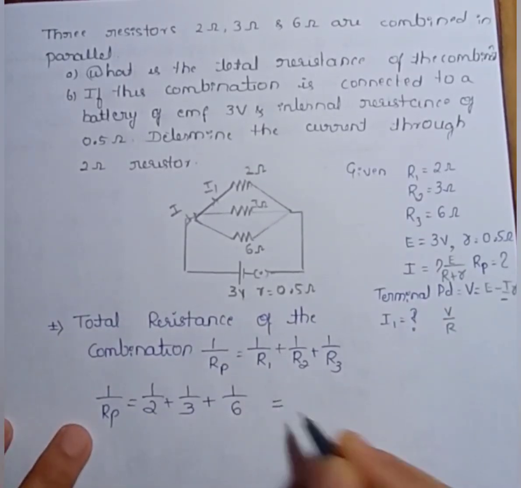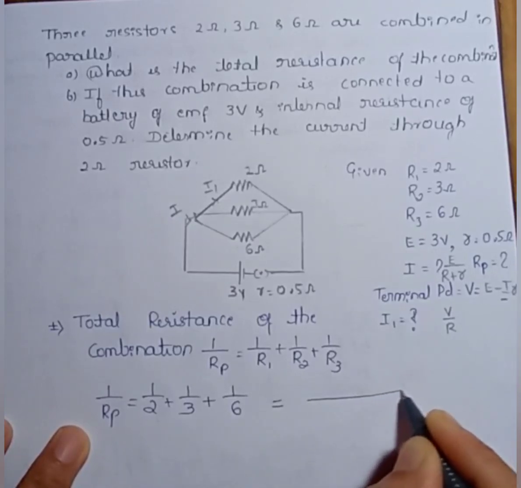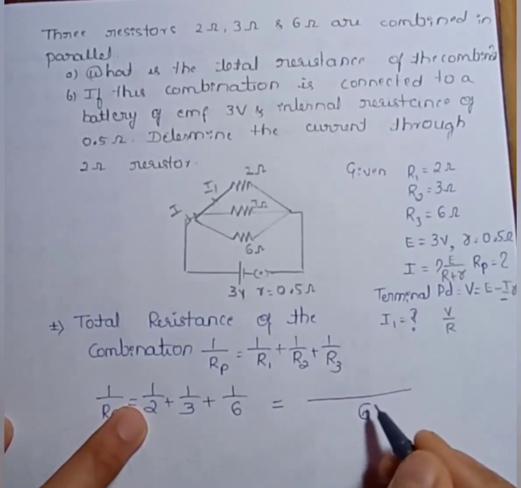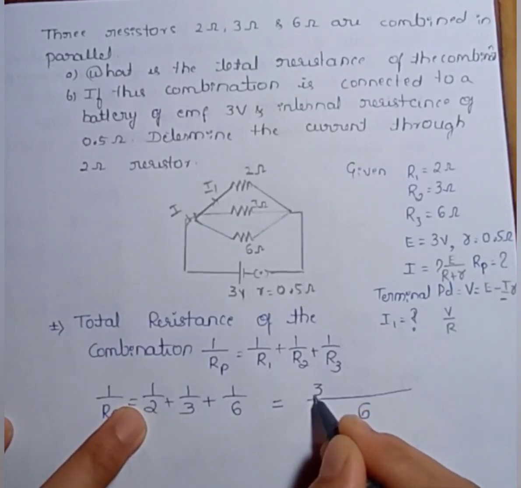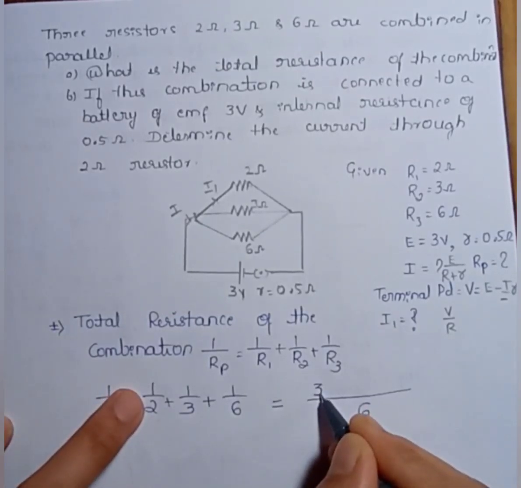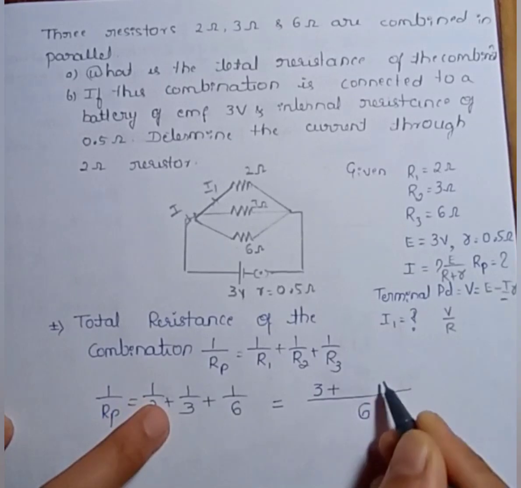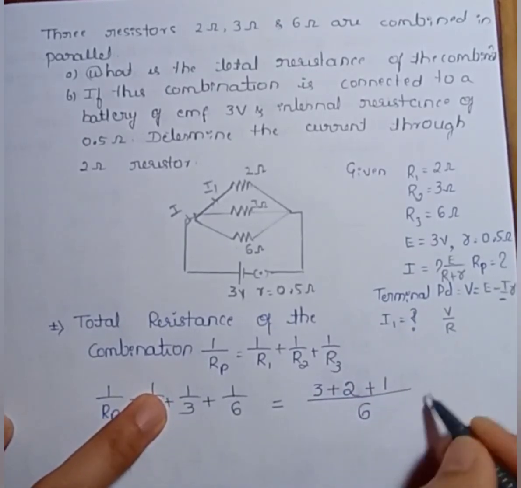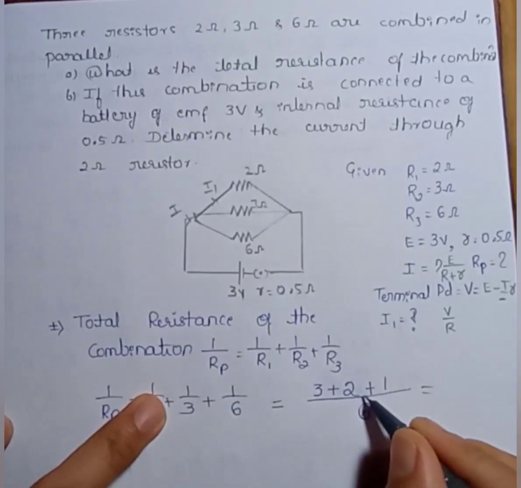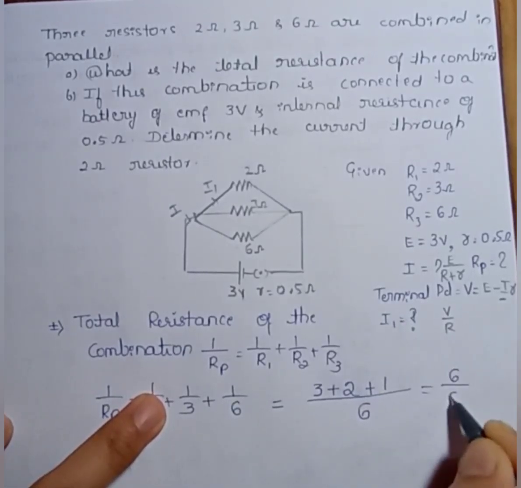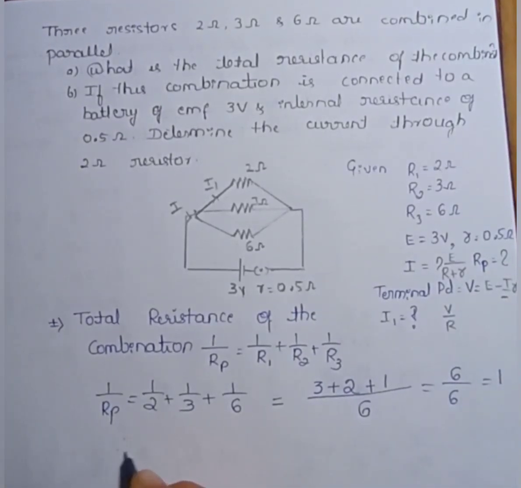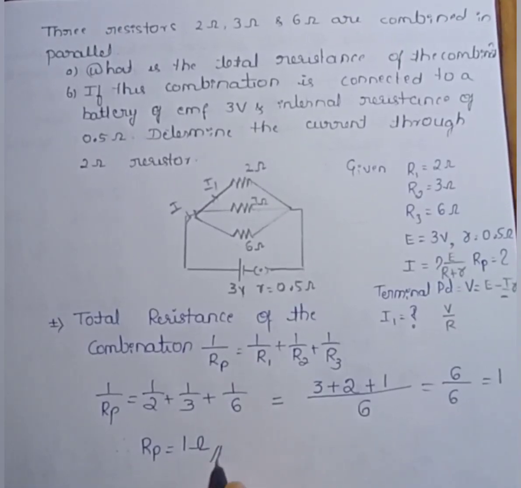Just take the LCM of 2, 3, 6 which gives the value 6. 2 threes are 6, so 1 into 3 gives 3. Plus 3 twos are 6, so 1 into 2 is 2. Plus 1, which is 3 plus 2 plus 1 is 6 divided by 6, which is 1. Therefore the value of Rp is equal to 1 ohm.